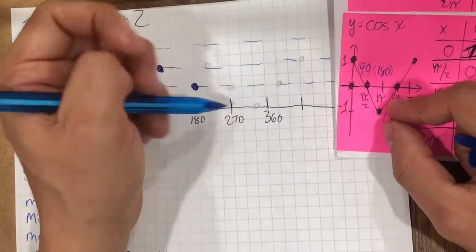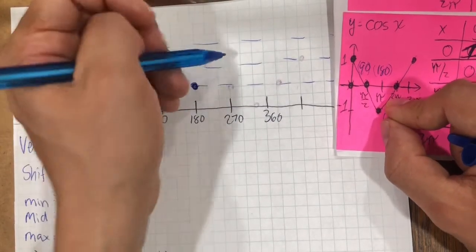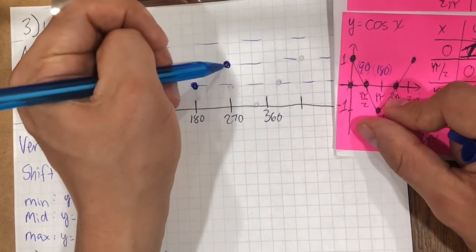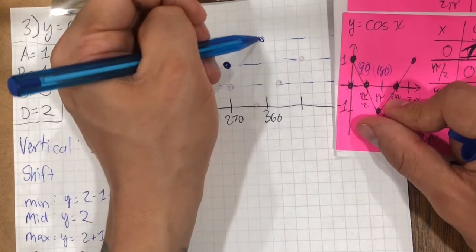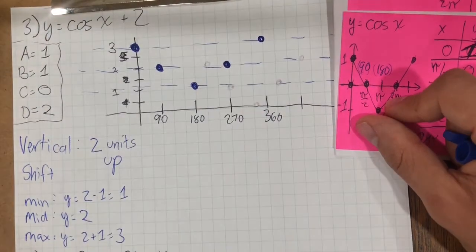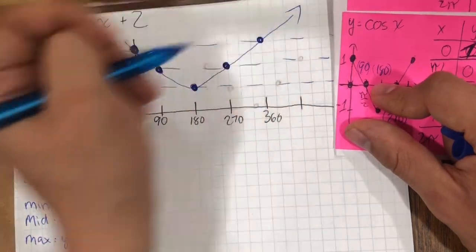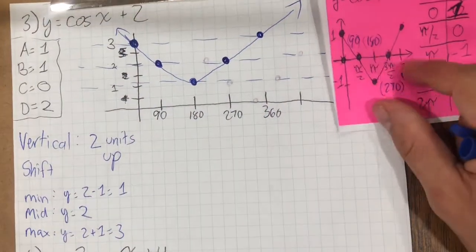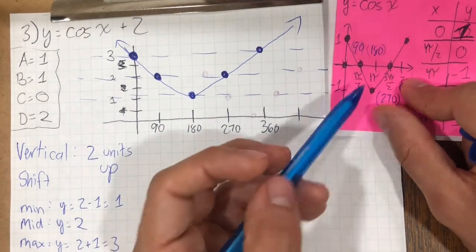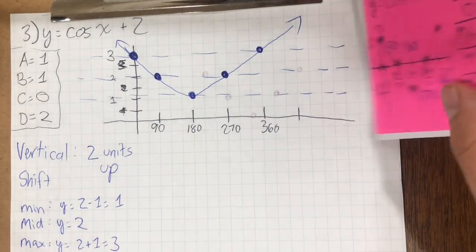Then we're at the mid for 270, so 270, 2. And then my max is 360, 3. All right, so this is my graph. We see that the graph from the original just moved 2 units up.